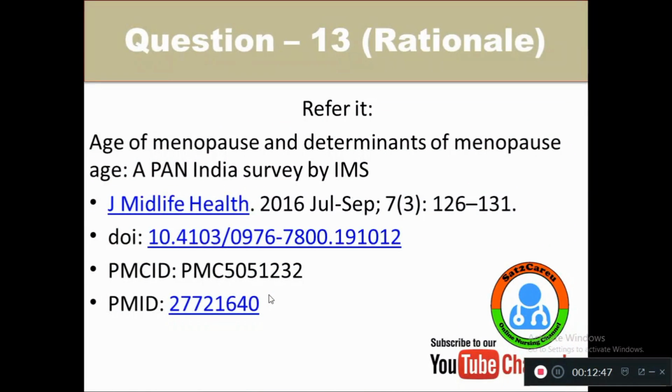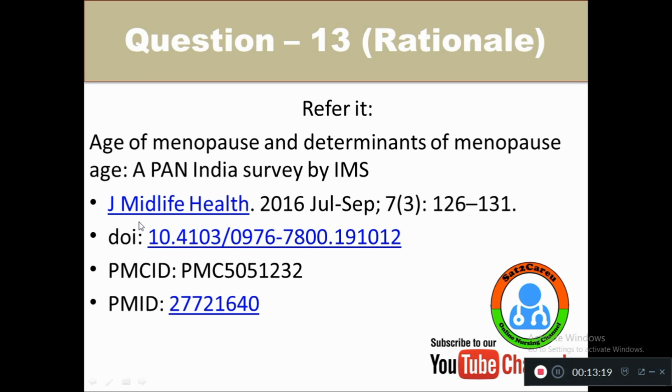Let's see the rationale. You can refer to this particular journal which I got from PubMed. Here I have given the title of that study, Age of Menopause and Determinants of Menopause Age, a pan-India survey by AIIMS, published in July-September 2016, issue 7, volume 3, pages 126 to 131.